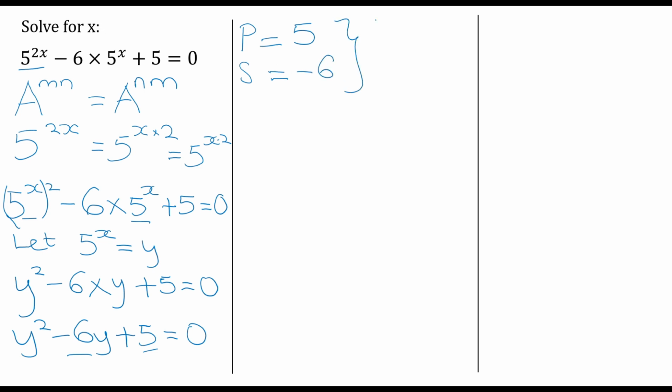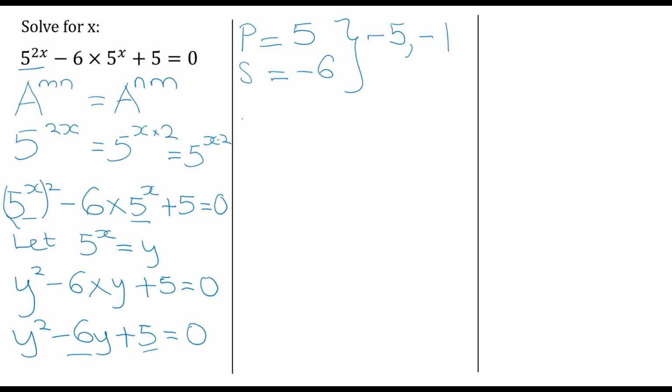In this particular case, those two numbers are negative 5 and negative 1. When we multiply negative 5 by negative 1, you'll get positive 5. When we sum them up, negative 5 plus negative 1, you'll get negative 6.